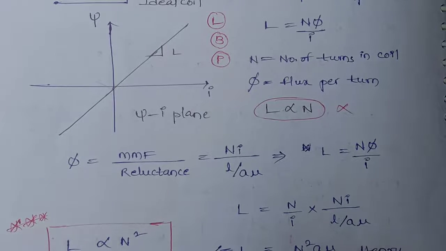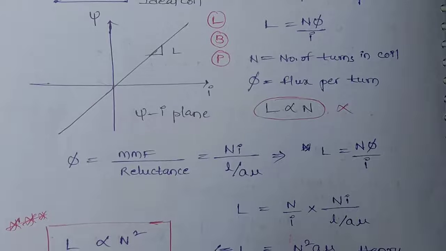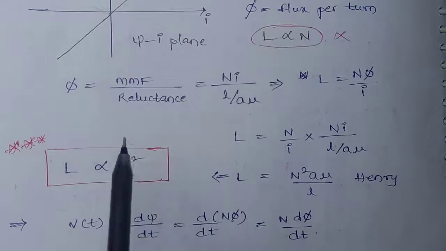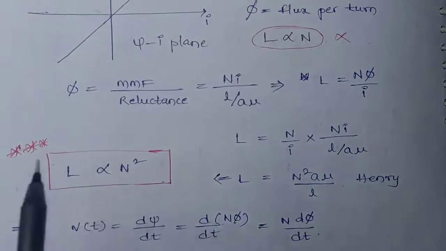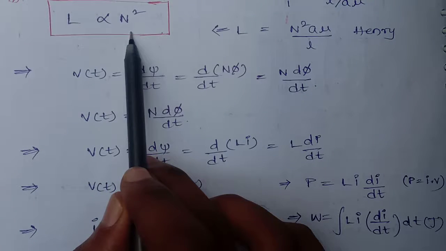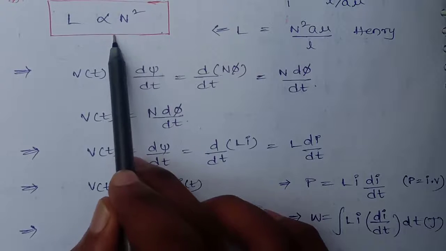We can get L value as N square A mu divided by l in Henrys. Here you can see that L is directly proportional to N square, right? This is very important, remember this.